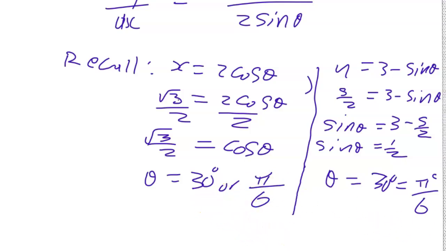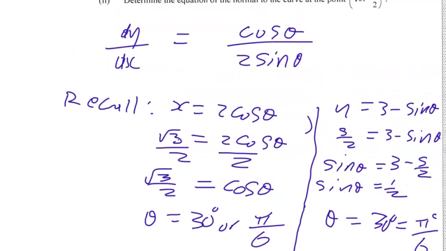So we have theta. So now we can find dy by dx. So dy by dx is cos 30 upon 2 sine 30. Now what's cos 30? Root 3 upon 2.